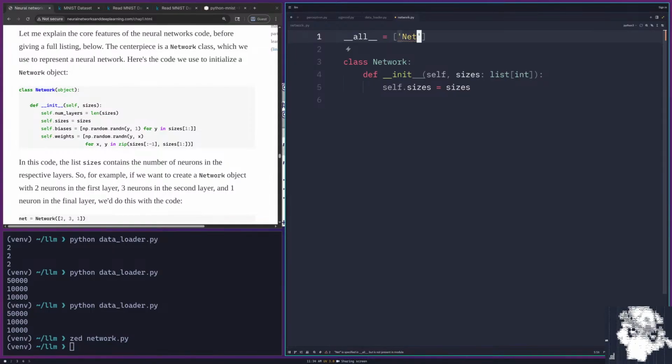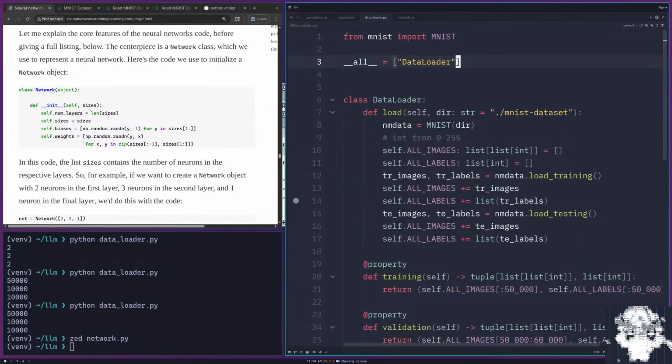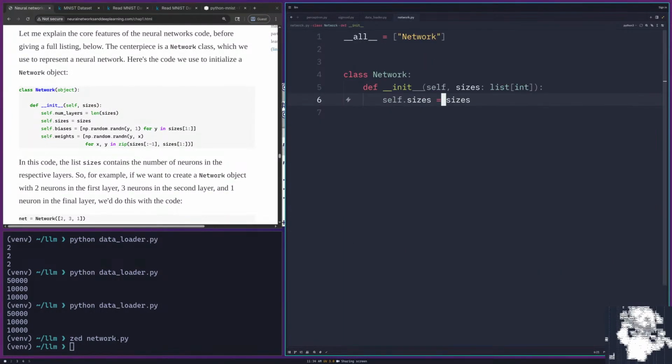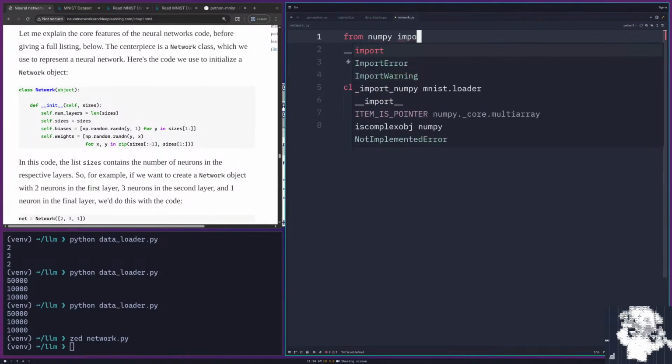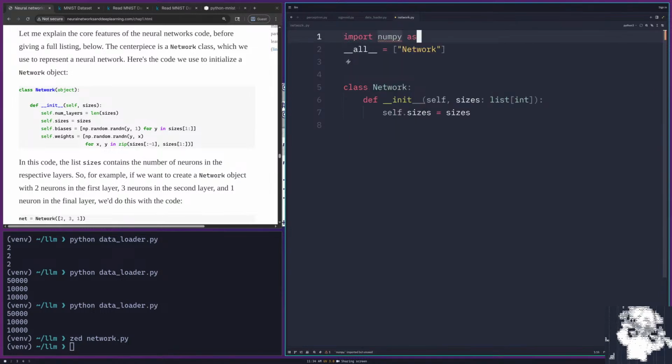I know you don't have to do this in Python, but I think it's good practice, and then you can use tools like, what is it called, to enforce the public and private interfaces or exports. So we're also going to need to import NumPy as np.